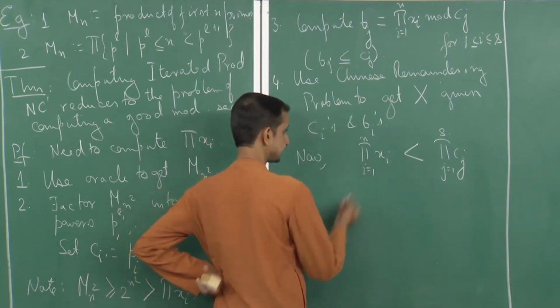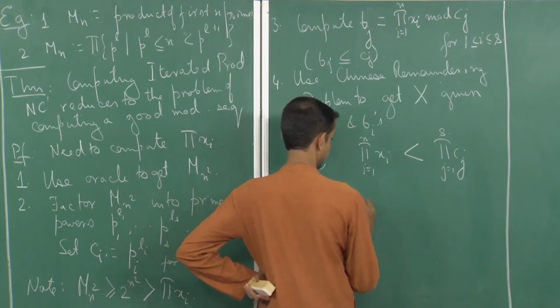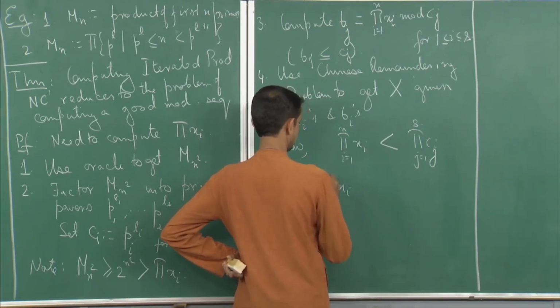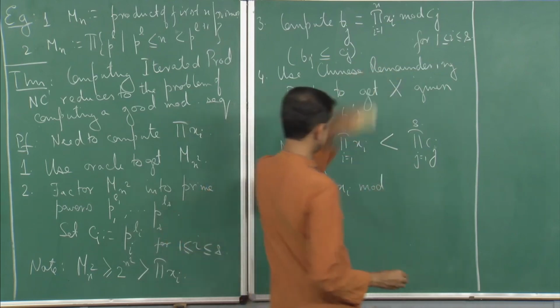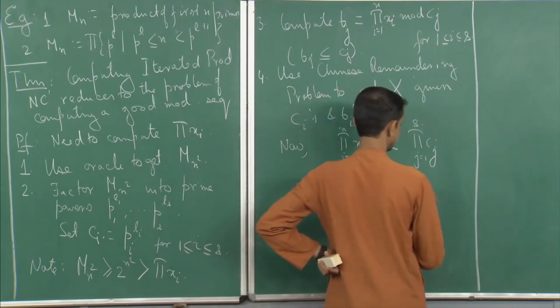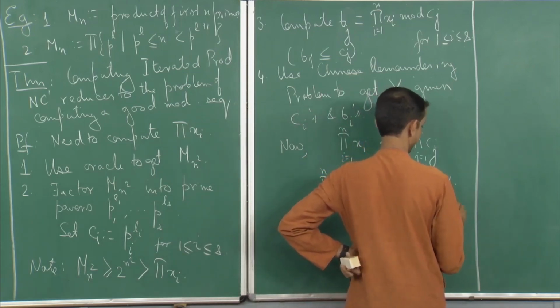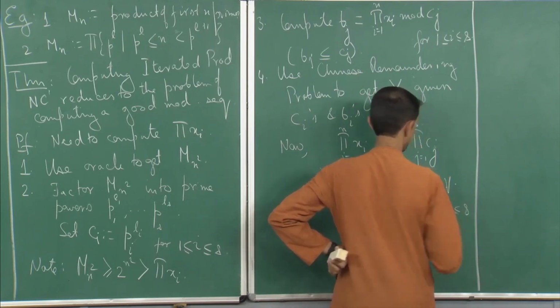Now, what is the second condition? The second condition is that this number, the product of xi, i going from 1 to n, mod Cj should be equal to Bj, for all j between 1 and s.